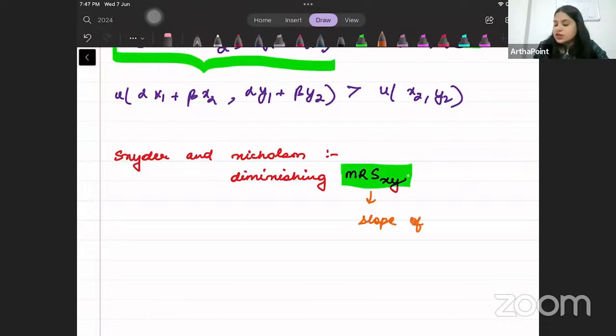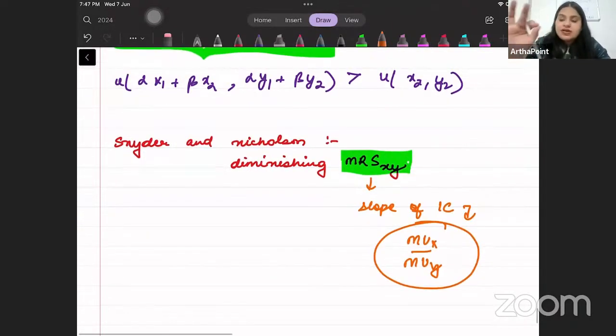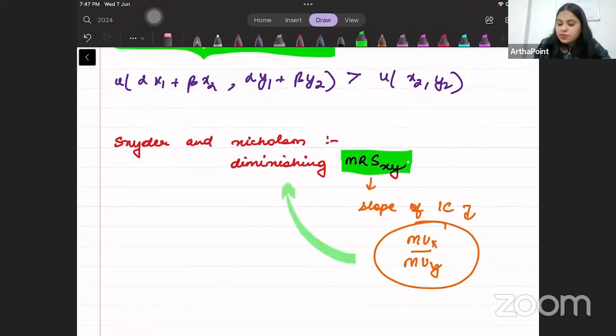Slope of the indifference curve is MUX by MUY. Once you find this MRS, if it is diminishing, then you have proved convexity.